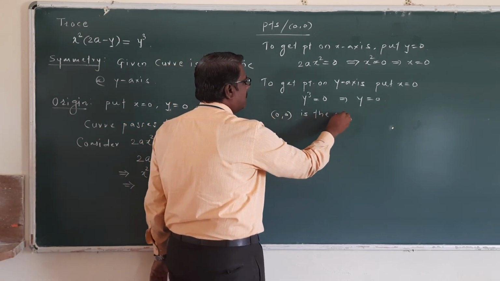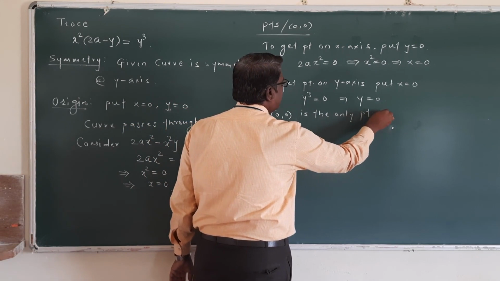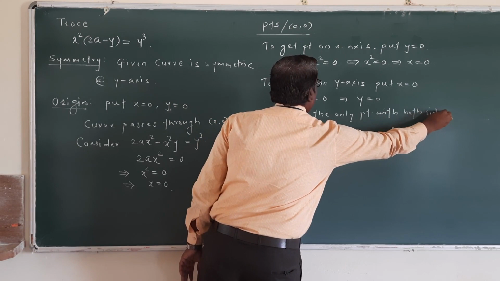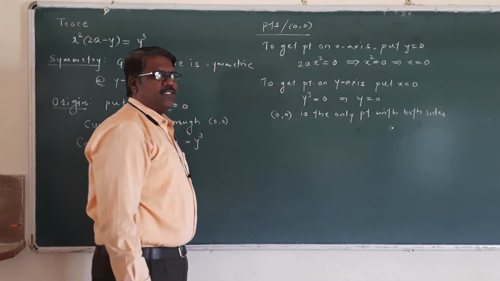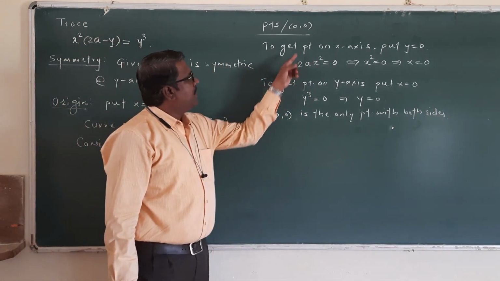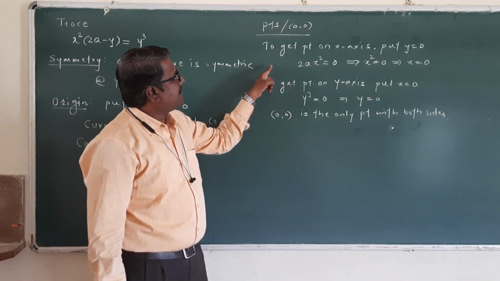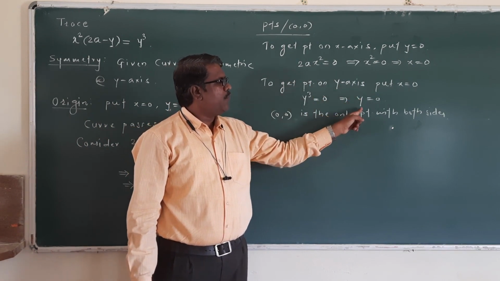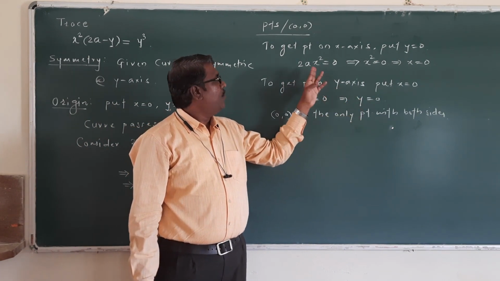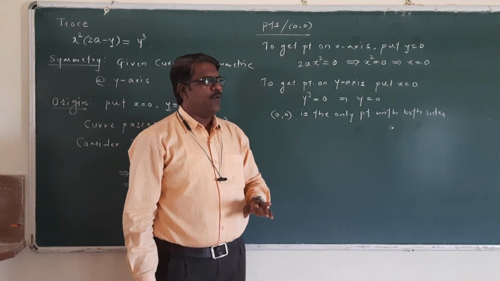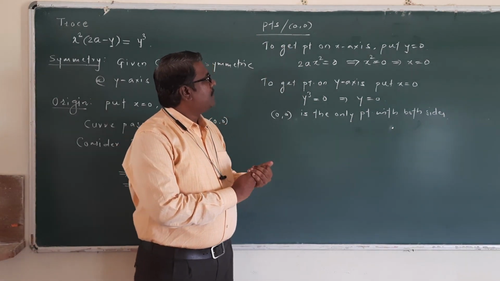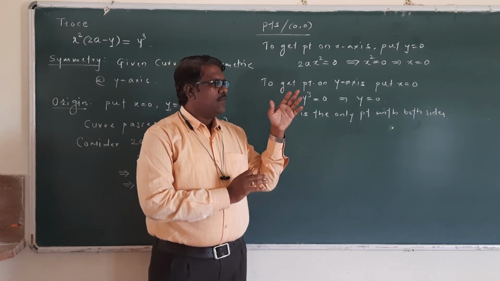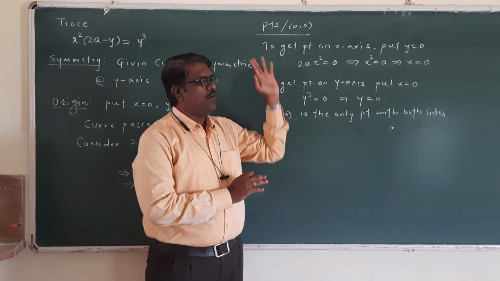Origin is the only point with both axes. So there is no point other than origin, and therefore it is not necessary to calculate the equation of tangent at a point other than origin.